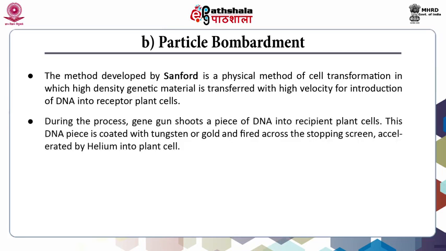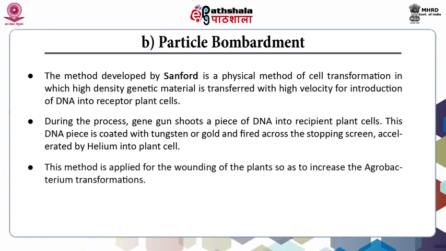The gene gun shoots a piece of DNA into the recipient plant cell. This DNA piece is coated with tungsten or gold and fired across the stopping screen, accelerated by helium, into the plant cell. This method is applied for the wounding of the plants so as to increase the agrobacterium transformations.